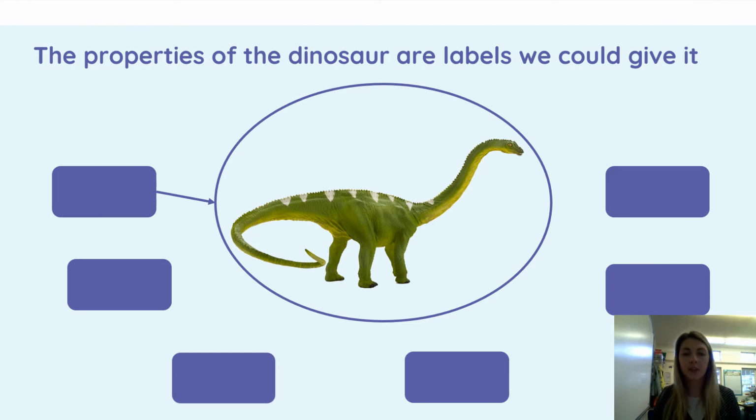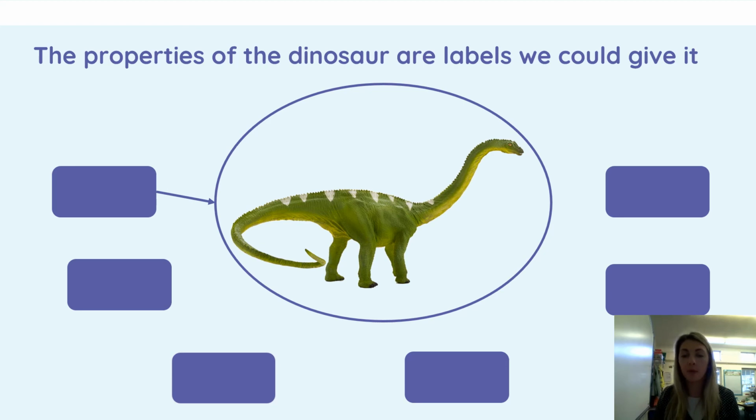The properties of the dinosaur are labels we could give it. So what properties do you think would be good for this dinosaur so that if we were to search we would be able to find this dinosaur? What properties could we use and what labels could we give it?